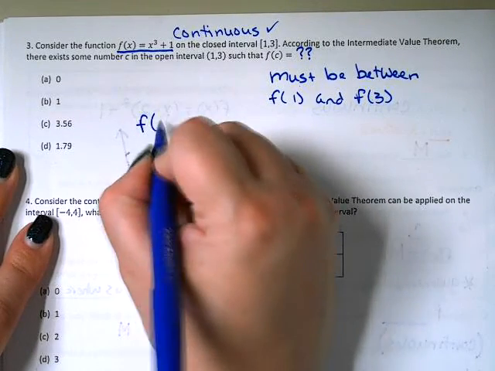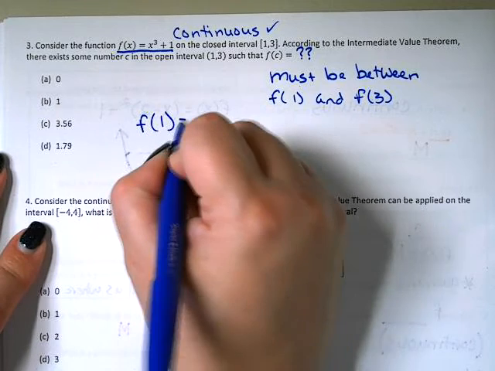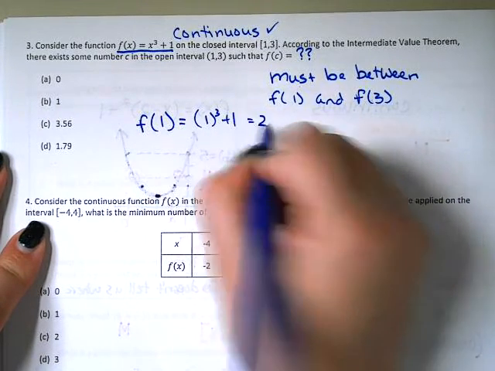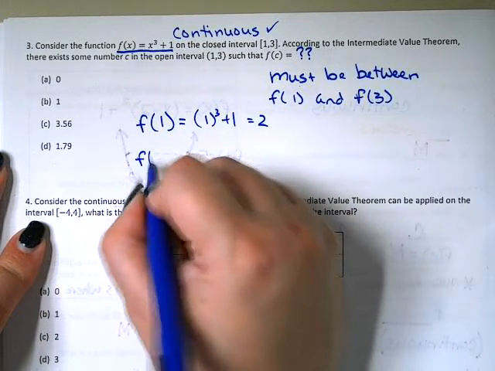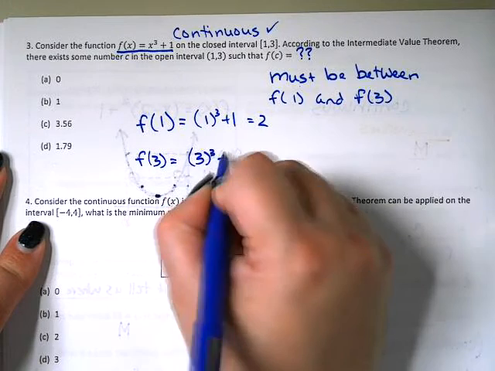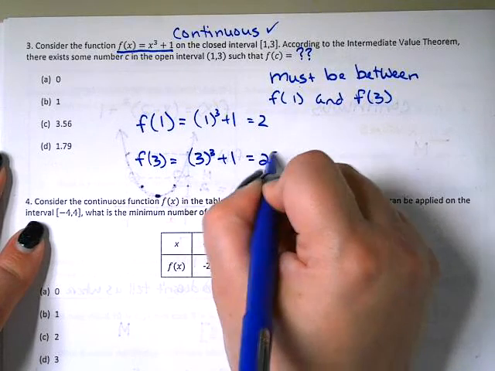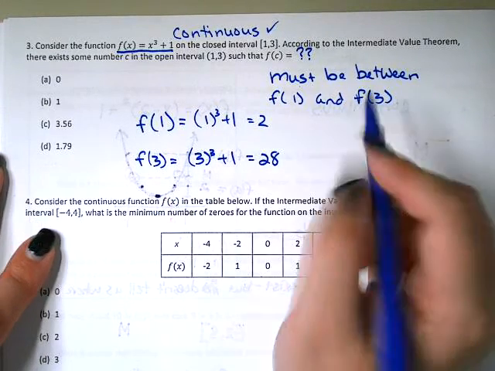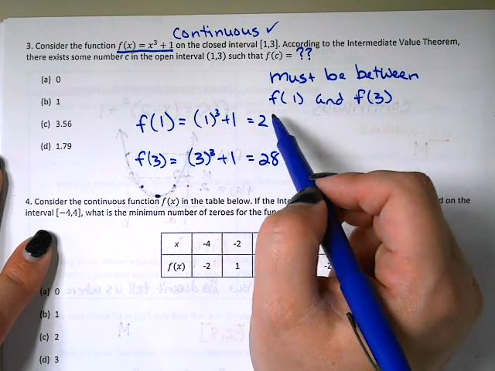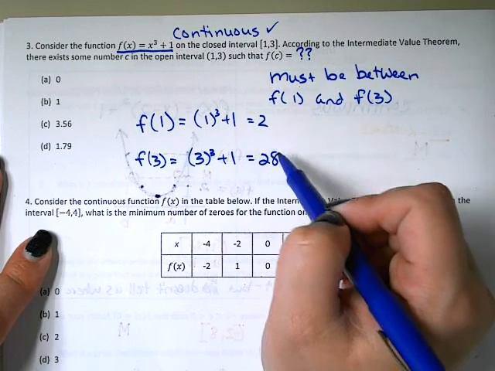So we're just going to find those endpoint values. F of 1 is just 1 cubed plus 1, so 2. And f of 3 is 3 cubed plus 1, which is 28. So whatever this value is that we're going to choose, it must fall between these two values, 2 and 28.